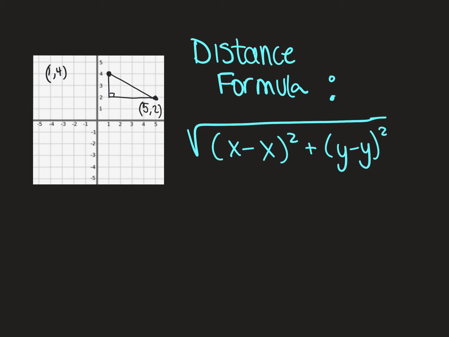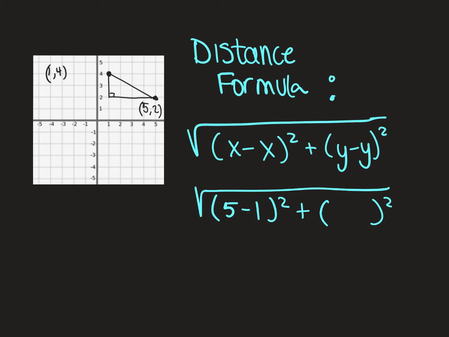So let's take a look at this dot (1, 4). Remember, 1 is my x, 4 is my y, 5 is my x, 2 is my y. I'm going to draw a big long square root sign. I'm going to subtract my x's. I can either do 5 minus 1 or the reverse. It doesn't really matter, so I'm going to stick with 5 minus 1, which means I have to go 2 minus 4.